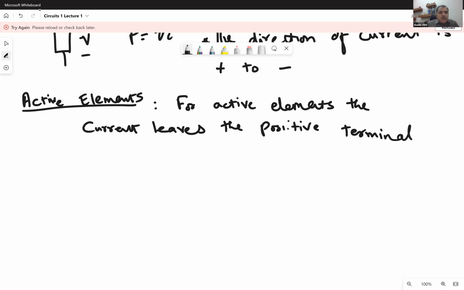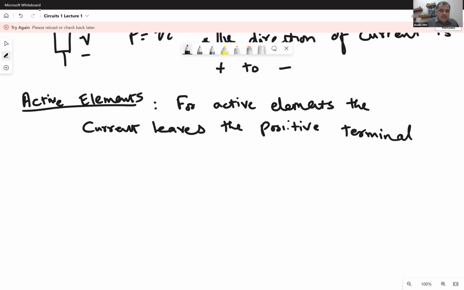So for active elements, as part of the passive sign convention, you will see that the direction of the current is going to be essentially minus to plus. So the current is going to be leaving the positive terminal of where the voltage is represented.